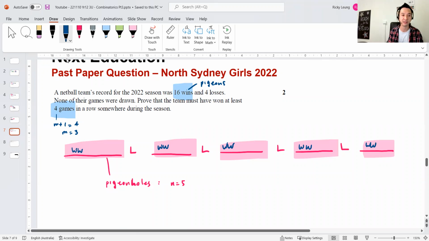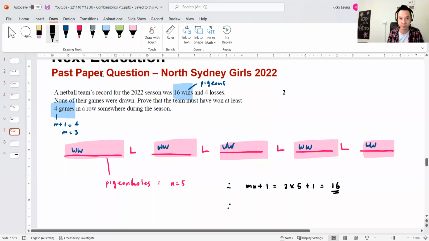So if I said, therefore, M times N plus 1, the minimum number of games I need to have a 4 consecutive game win streak is going to be 3 times, how many N? 3 times 5, right? Plus 1, which, surprise, surprise, is exactly 16, right?